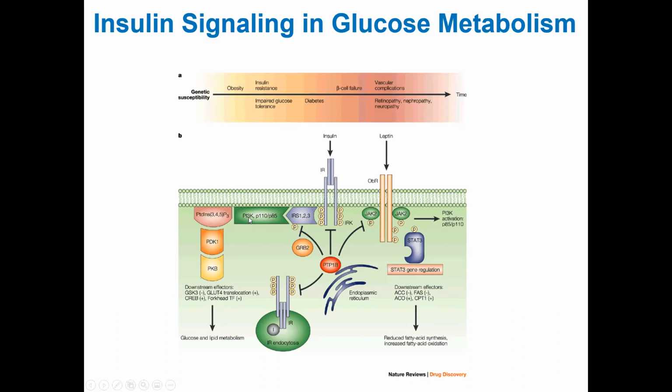It will take phosphatidyl inositol 4,5 bisphosphate and convert it to phosphatidyl inositol 3,4,5 triphosphate. That's what the chemistry does, as you are seeing here.